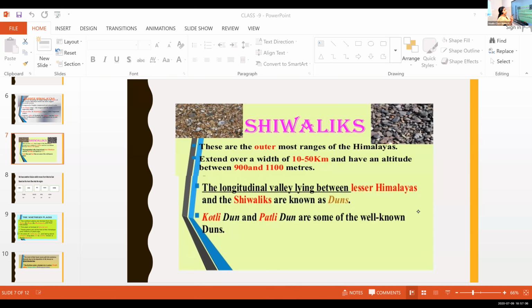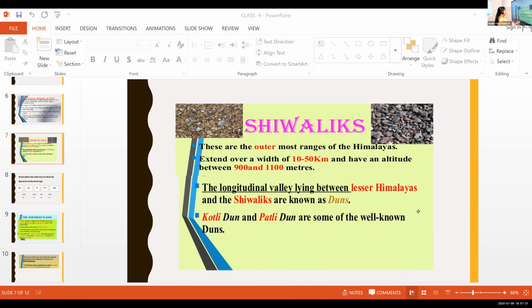What are the features of this mountain range? It is the outermost or southernmost range of the Himalaya. Its width is 10 to 50 kilometers and its height is 900 to 1100 meters. The longitudinal valleys lying between the Lesser Himalaya and Shivalik are called duns.